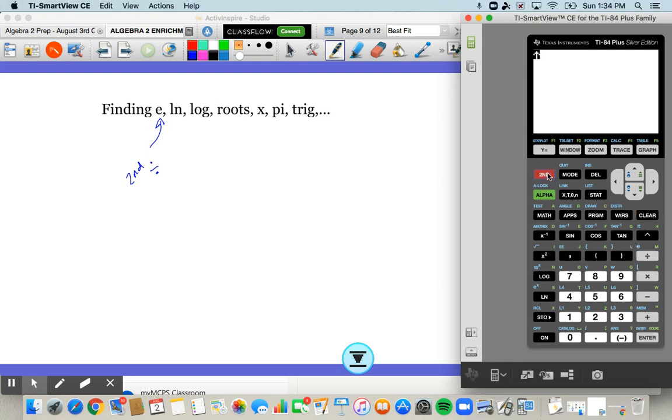Root, if you push second squared, that's going to give you a square root. If you want another root, you're going to push math, and if you want the cube root, there it is. If you want some other root, you push 5. Sorry, I have to put the number first. Let's say I want the 6th root. I'm going to push 6, math, and number 5, and then it will be the 6th root.